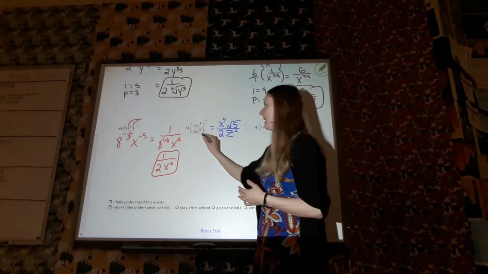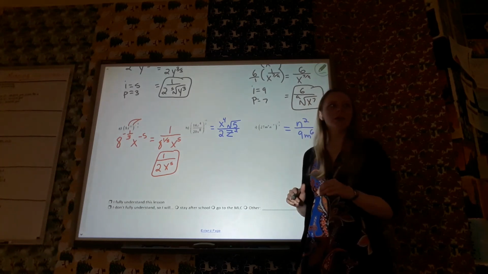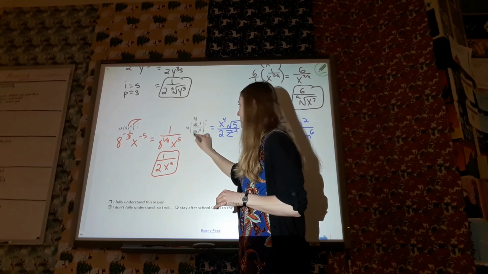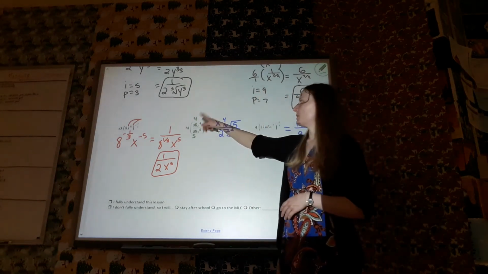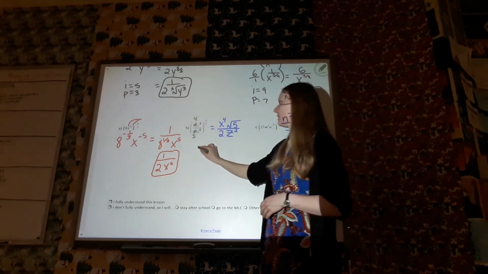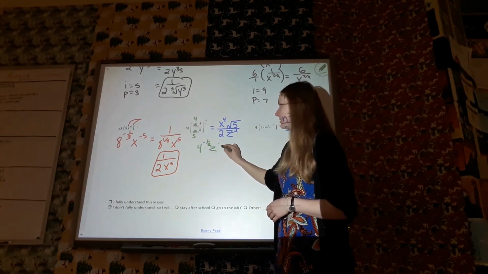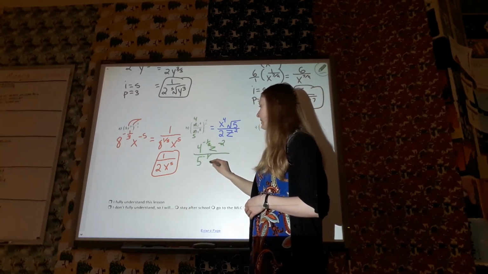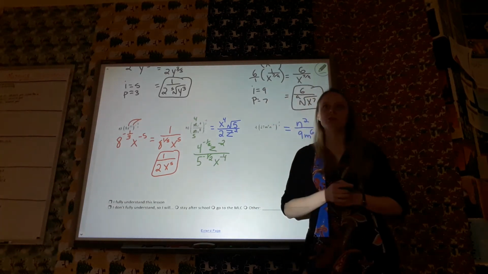So if you did that, what could I divide out of both 16 and 20? A 4, right? So this would really become a 4, and this would become a 5. Smaller numbers, easier to work with. So again, when you work through this question, you distribute, so it becomes 4 to the negative 1/2 power, and then z to the negative 1/2 over 5 to the negative 1/2 power, and then x to the negative 4 when you distribute everything.